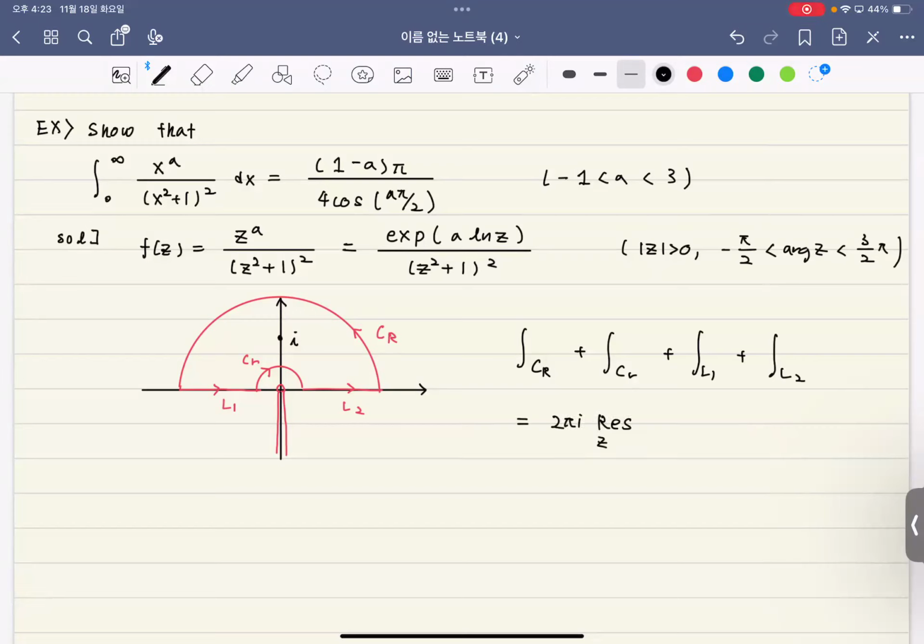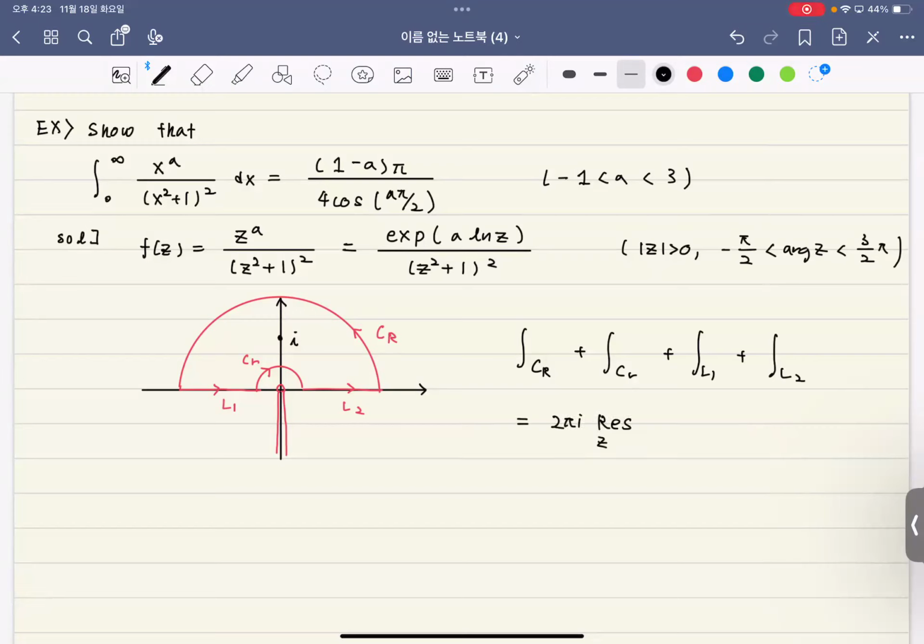And also the denominator, which is z squared plus 1: when the modulus of z is large enough, we have this inequality, so it is bounded below by R squared minus 1.